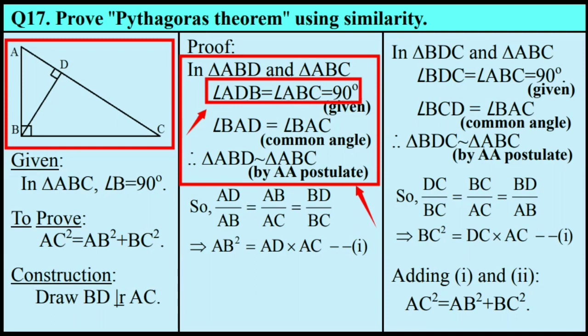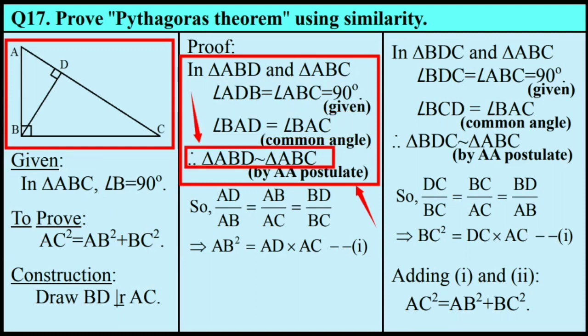Angle ADB equal to 90 degree, that is from construction, and angle ABC equal to 90 degree, that is given. Next step, angle BAD equal to angle BAC, and that is common angle to both the triangles. Hence, triangle ABD is similar to triangle ABC by angle-angle postulate.